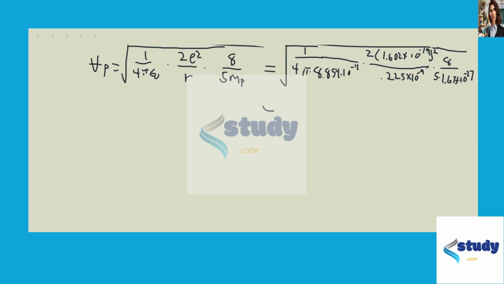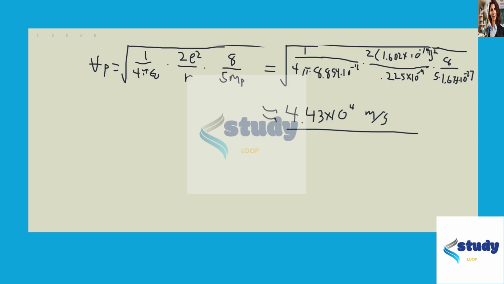Okay, so if you plug that all into a calculator, you will get 4.43 times 10 to the 4. Again, this time we're looking for a velocity, not an acceleration. So in SI units, this should be meters per second. Okay, so that's the velocity of the proton.